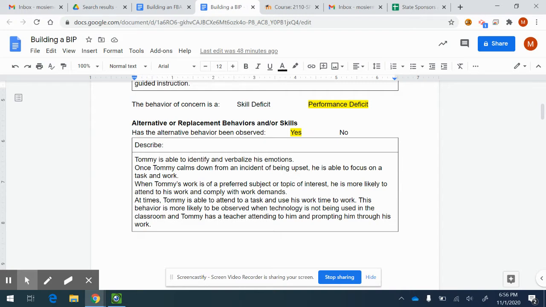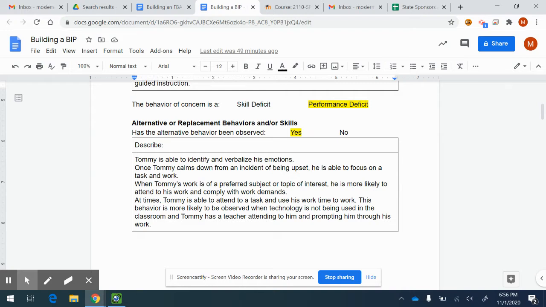So sometimes it is both, but it does only let us choose one. I chose performance deficit because, again, with Tommy's intellectual level, with his intelligence, he does know when we discuss some of these things in social skills, he knows the right answer. He knows what he should do. He just doesn't perform it consistently or can't perform it sometimes because of his anxiety.